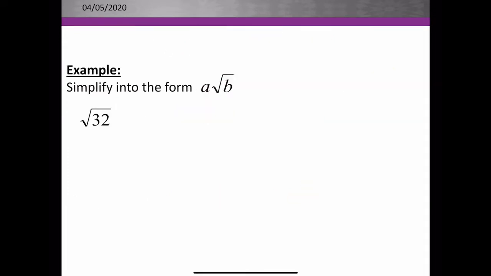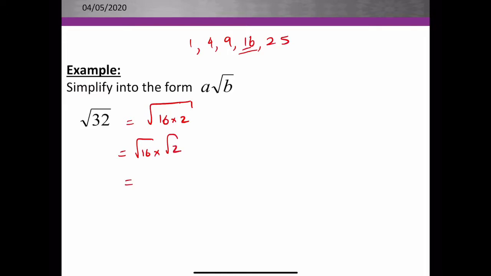Continuing with square root 32. The biggest possible number that goes into it is simply the number 16. So 16 goes into it twice. So 4 times root 2, so it's 4 root 2.